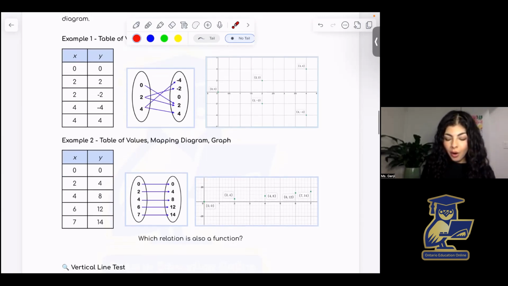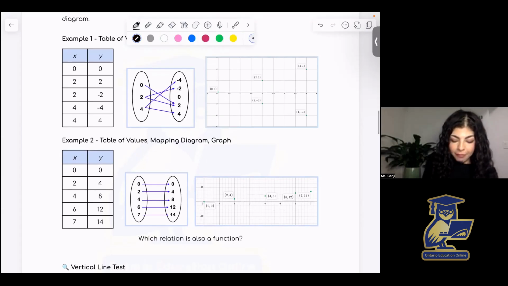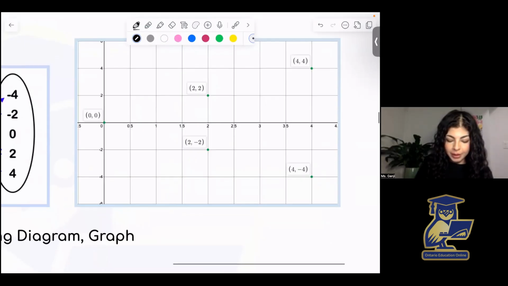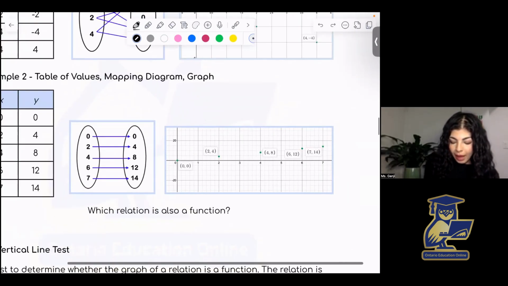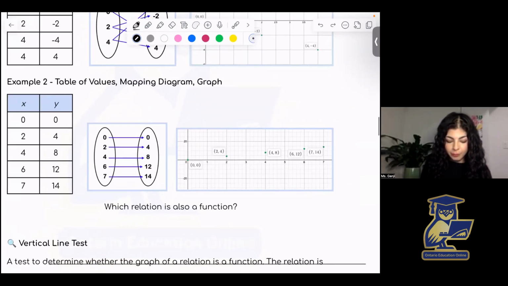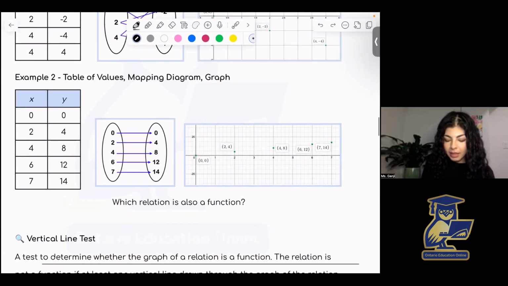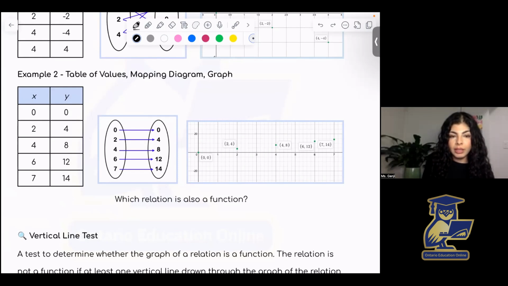So on our graph, if we had plotted these points, let's specifically look here: we see that these two are both output values for 2. And same here, these two are both output values for 4. Whereas here, we have 5 distinct points, and they do not interfere with one another.